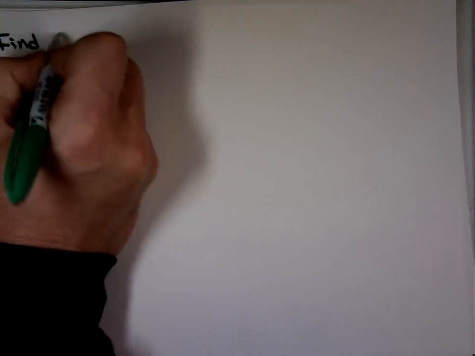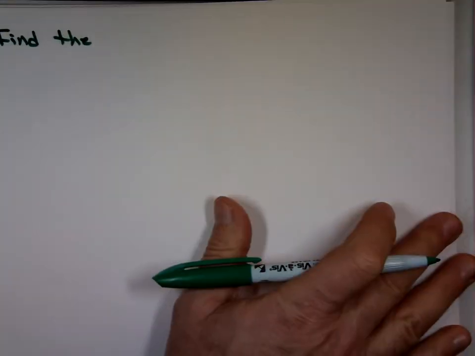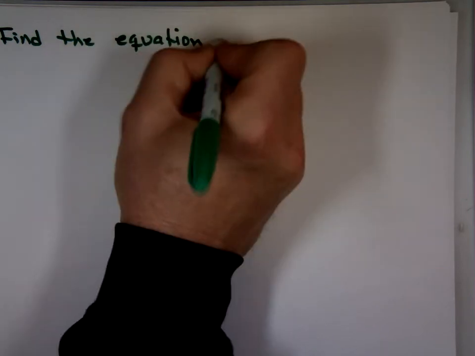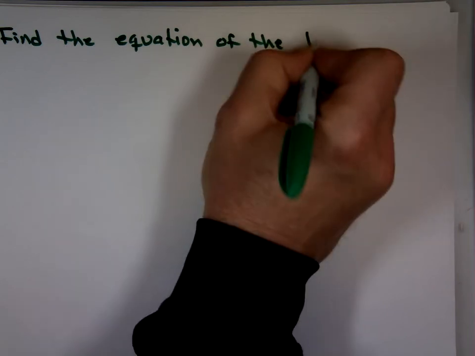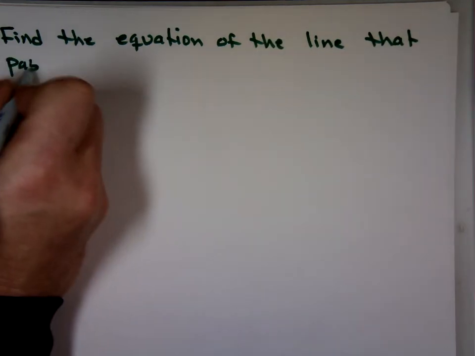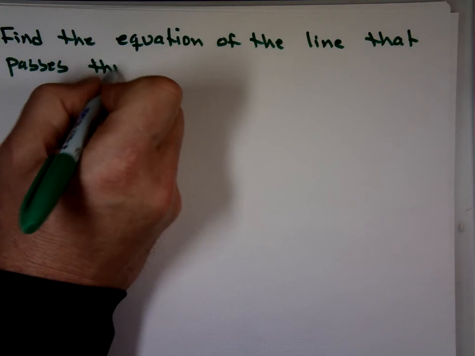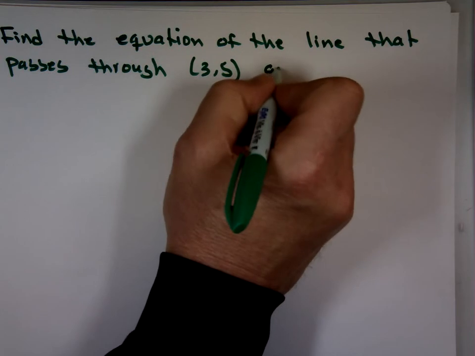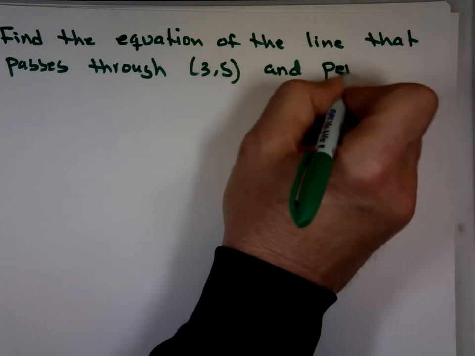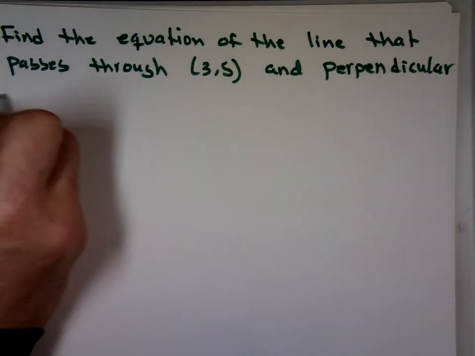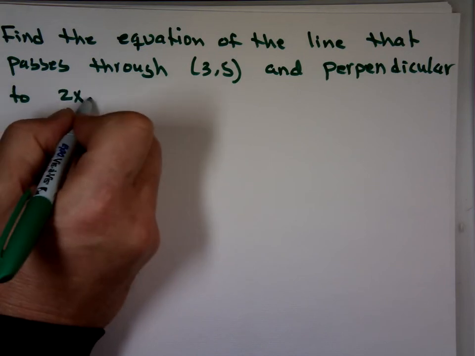Find the equation of the line that passes through, and I'll pick a point, doesn't really matter, 3 and 5, and perpendicular, we talked about that word, perpendicular to 2x plus y equals 7.